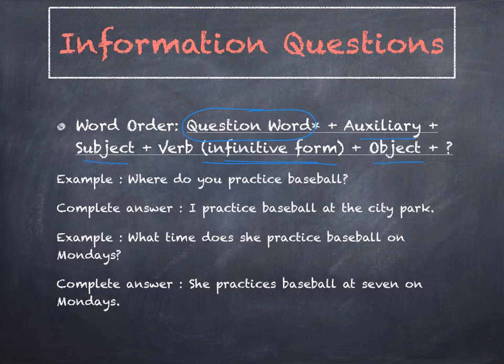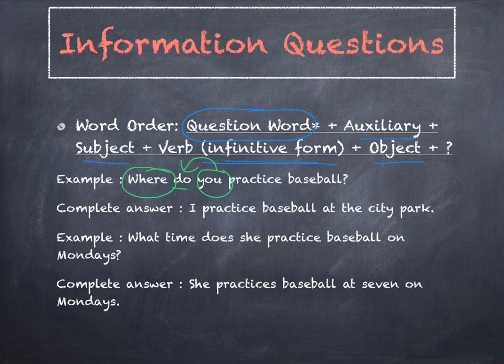In the example, I used you, so it's not the third person singular, that's why my auxiliary is do. And the question word here is where. Now, what's important is to remember what is the information you seek with this question word.